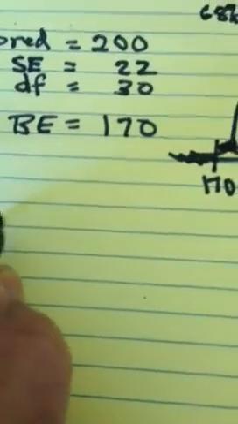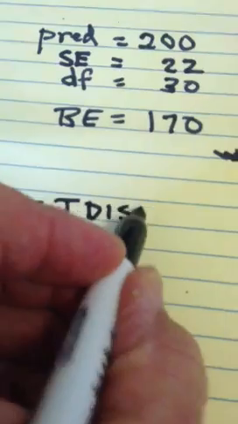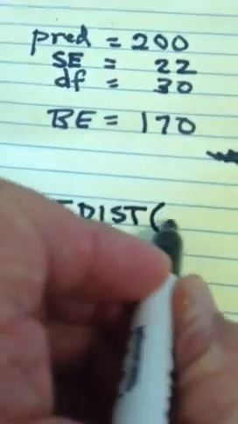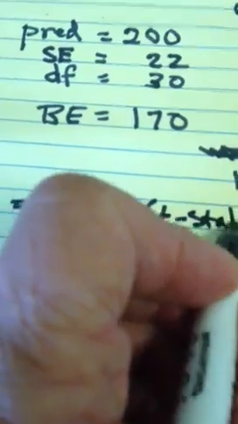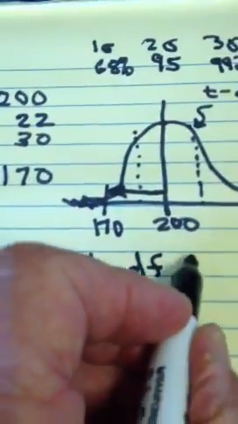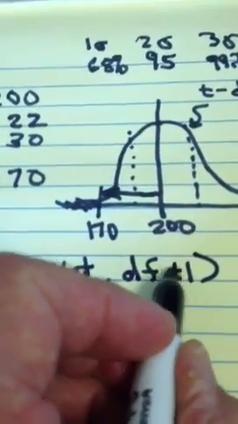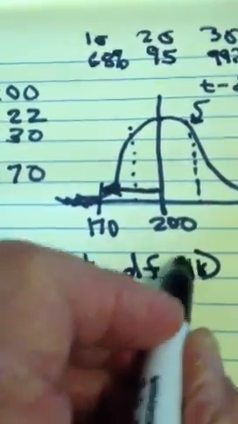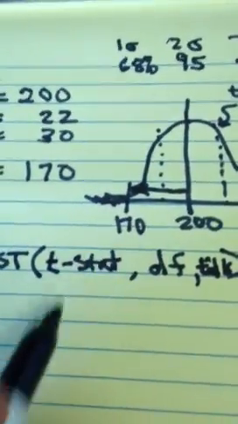Well, there's a function within Excel that's called t-dist for t-distribution, and it takes as arguments the t-statistic, t-stat, the degrees of freedom, and the number of tails involved. Okay, tails, T-A-I-L-S. And so what we're saying is, how many standard deviations over here is this?